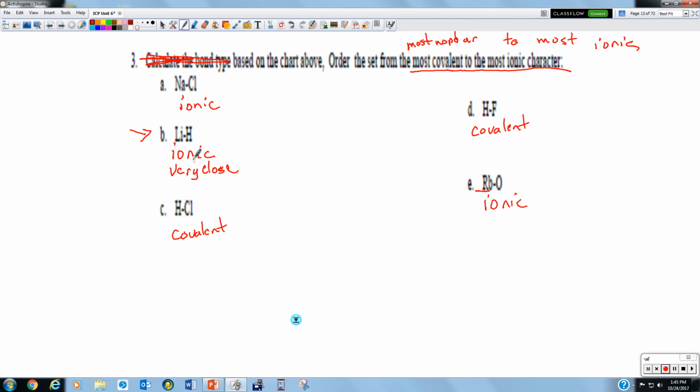But we do know this is an ionic compound. Sodium and chlorine, they're very far. And then rubidium and oxygen in relation to each other are probably farthest apart.